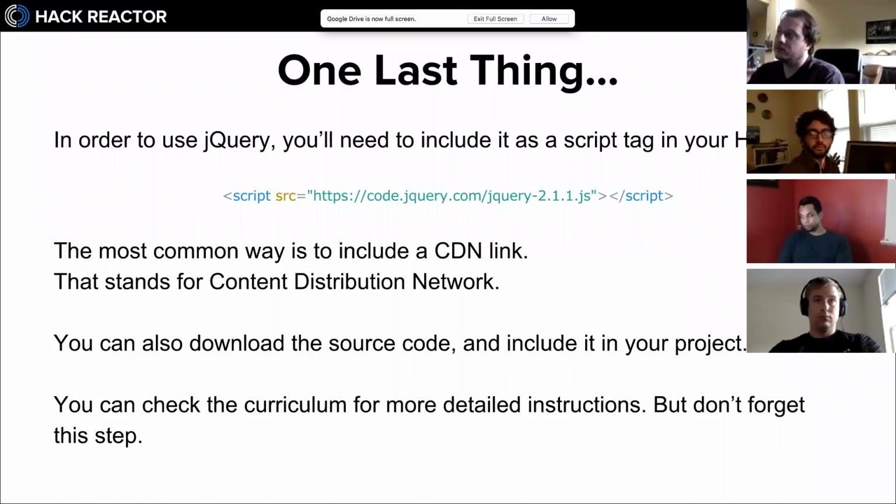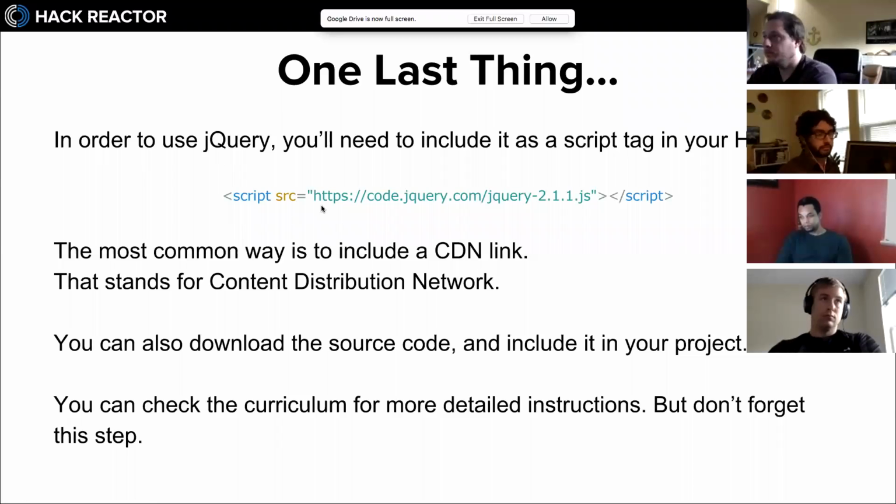All right, so one last thing. In order to use jQuery, you're going to need to include it as a script tag in your HTML document, so you have access to the jQuery library. The most common way to do this is to use a CDN link that stands for Content Distribution Network.